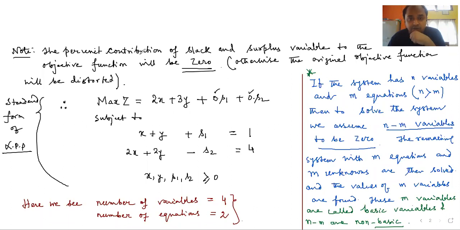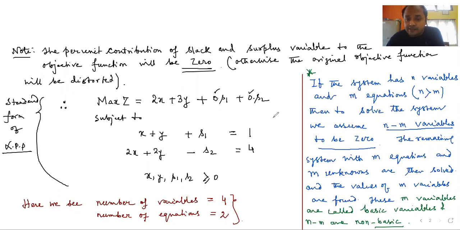Those m variables are called basic variables, and the variables which are assumed to be 0 are called non-basic variables. Now listen to me very carefully. This part is very important. Pay attention. This is the rule which will be used over and over again.